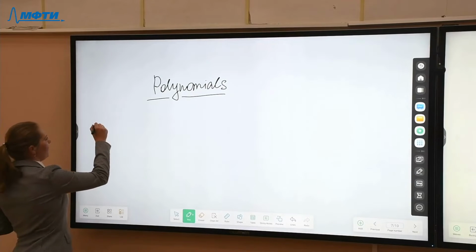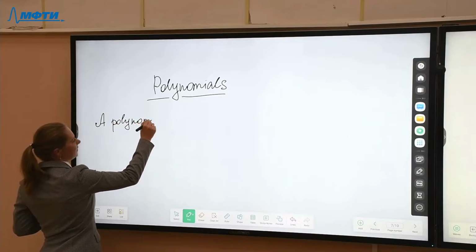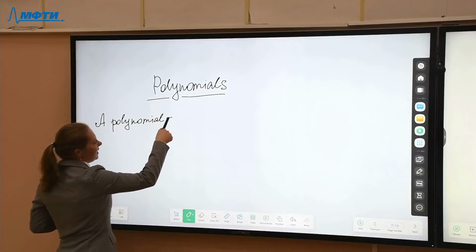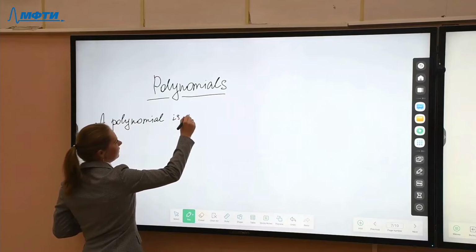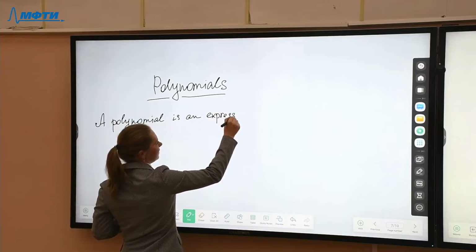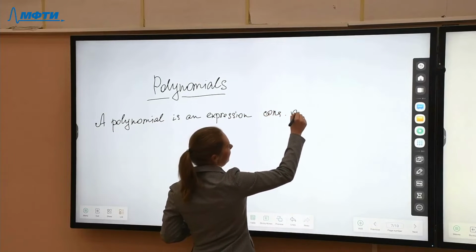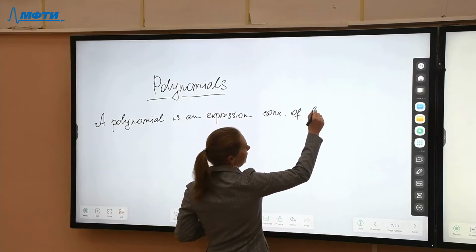A polynomial is an expression consisting of a finite number of terms.